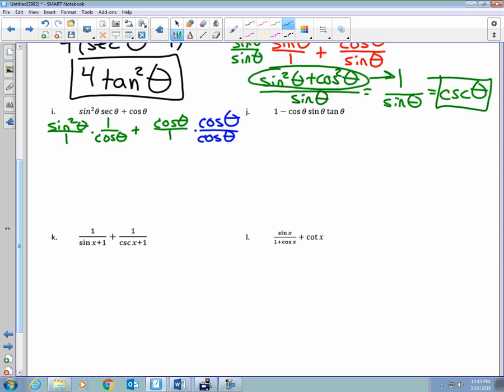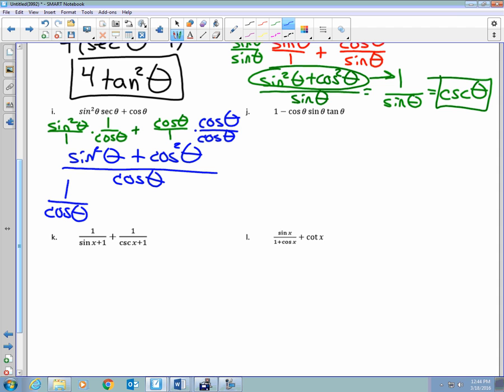What does it look like now? They will all be over cosine, right? Because they have common denominators now. And sine squared plus cosine squared is 1 over cosine. Tricky secant.